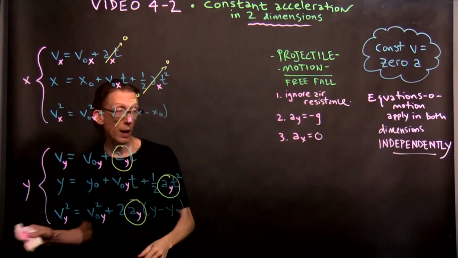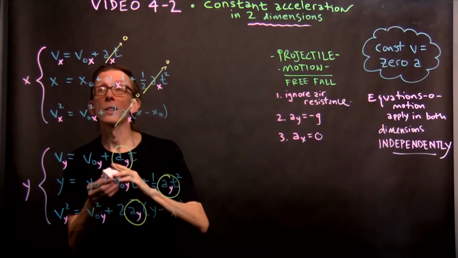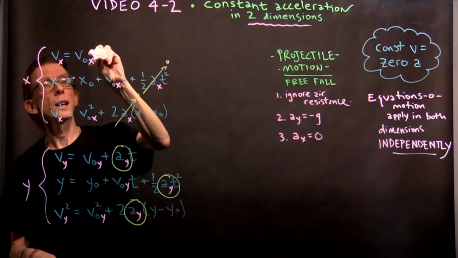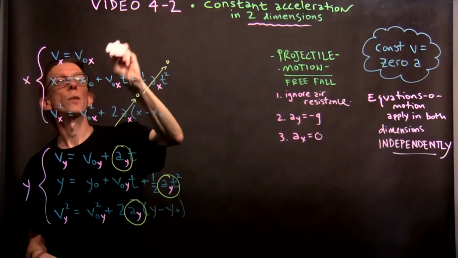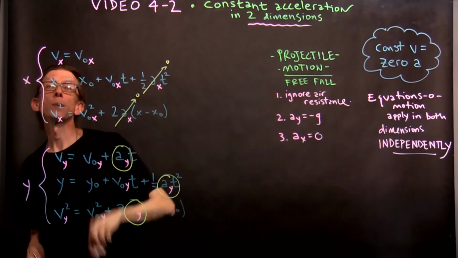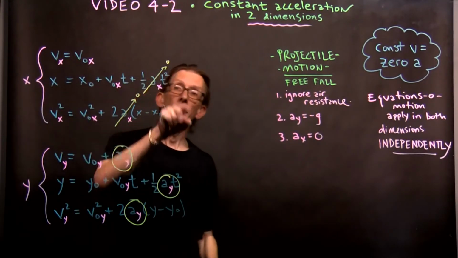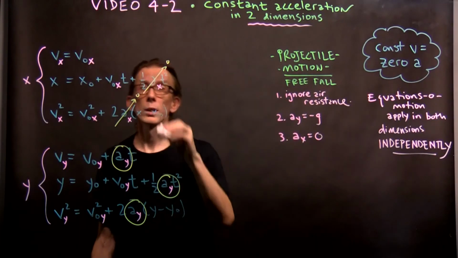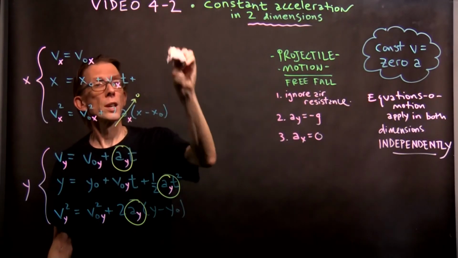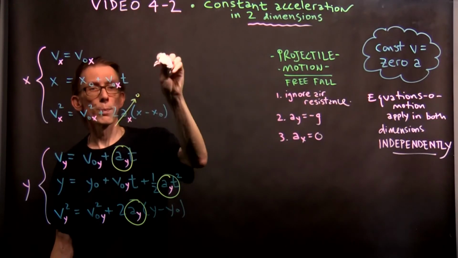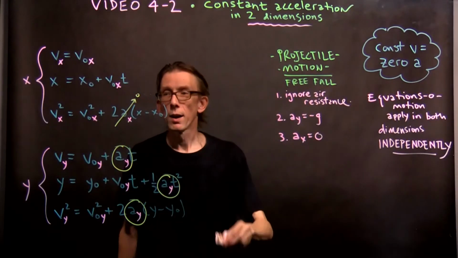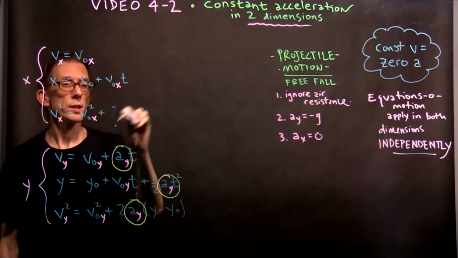I'm going to rewrite them simply by erasing terms and putting in the right values. This term just goes away, poof. I love it when terms go away. The term 1/2 a_x t squared goes away because a_x is 0 for projectile motion. Another celebration. And this whole big term at the end also goes away. Things are looking up, huh?